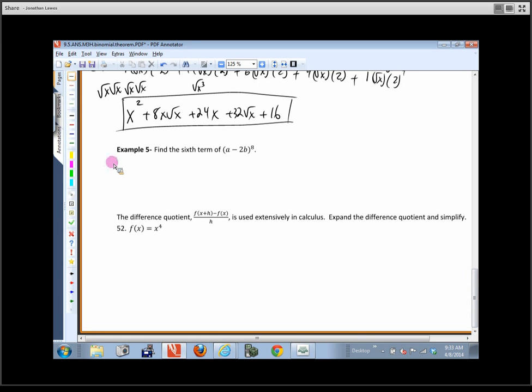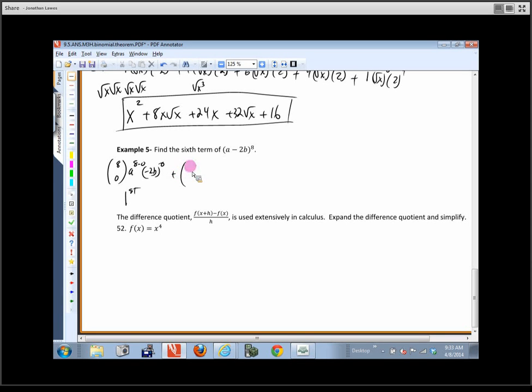So we got to think for just a second. If I were finding the first one, it would be 8 choose 0, a to the 8 minus 0, times negative 2b to the 0. That's the first one.